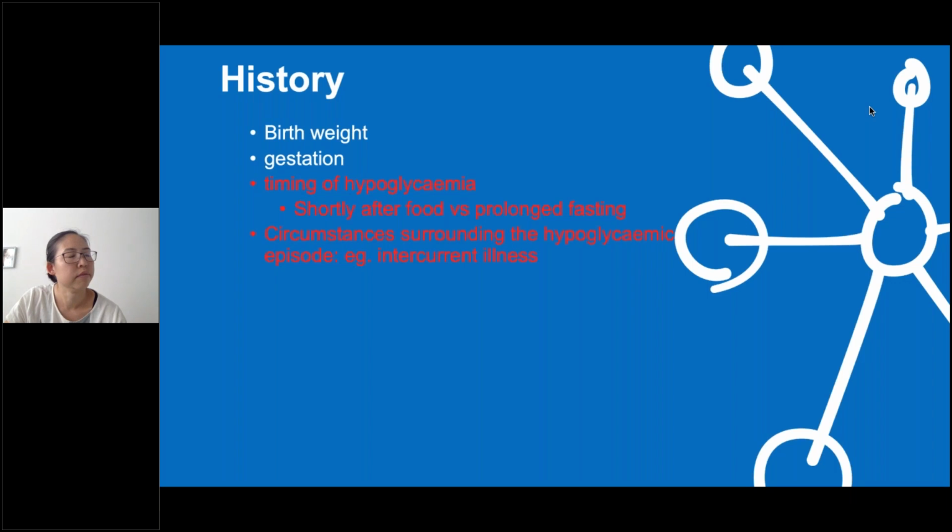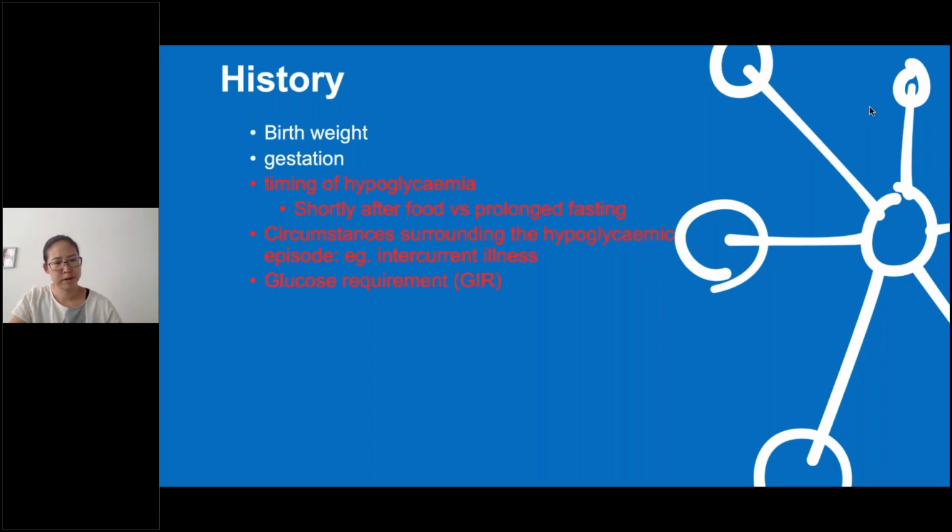I've recently had a referral where doctors told us that this patient had 4 episodes of hypoglycemia, but actually what they were doing was bolusing the child with 10% dextrose and not following that up with anything substantial, so no maintenance fluid. All the child was doing was rebounding into hypoglycemia. So actually it was 1 episode of hypoglycemia, but possibly the rest of the episodes could have been prevented by just starting maintenance.